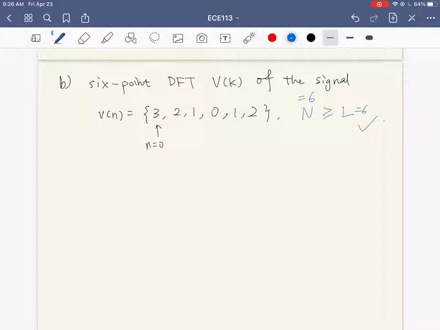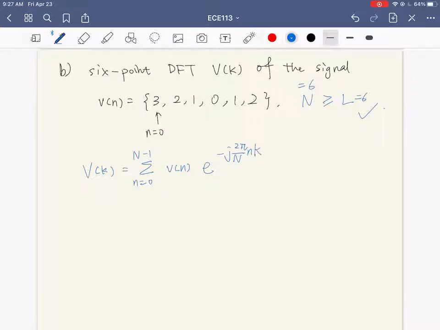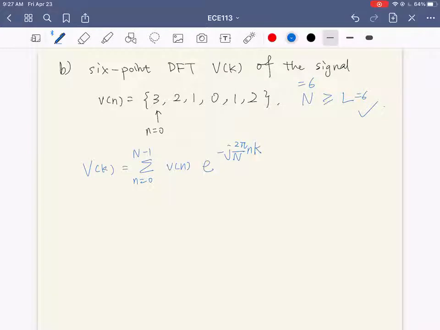So recall the equation for the DFT. One difference is that n goes from 0 to N minus 1 instead of to infinity, and the e to the j omega n becomes e to the minus j 2 pi over big N, times n times k. This sum is over n, and after some computation you get a function in terms of k.